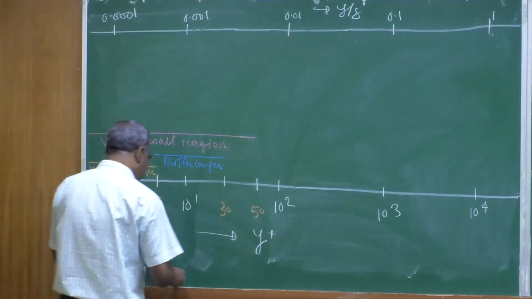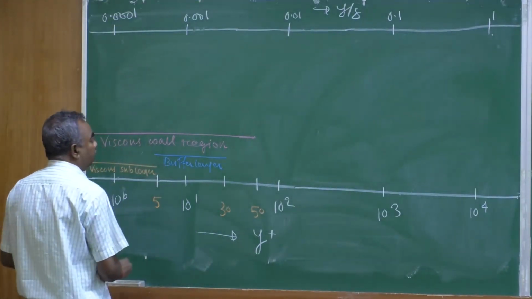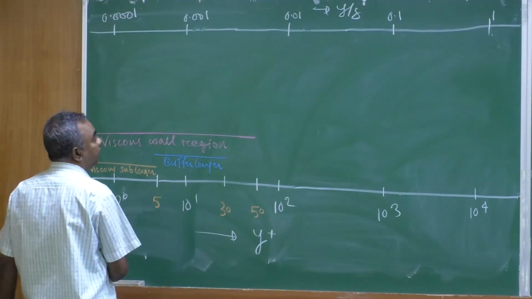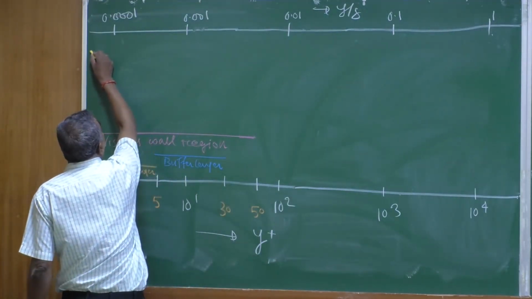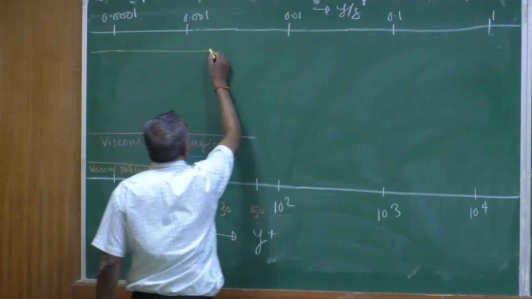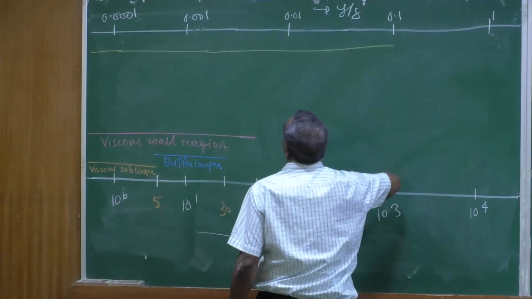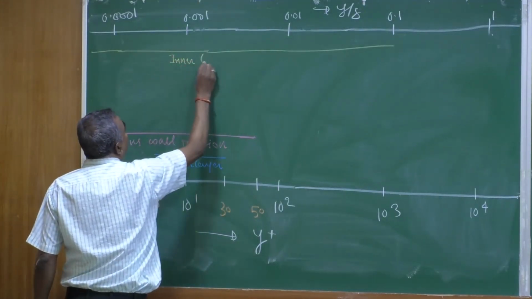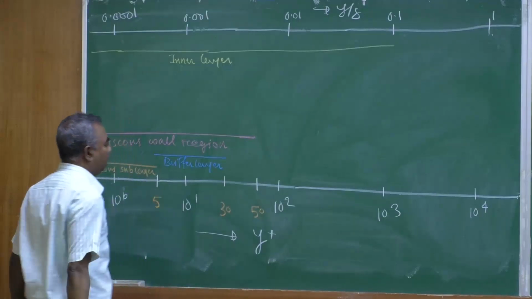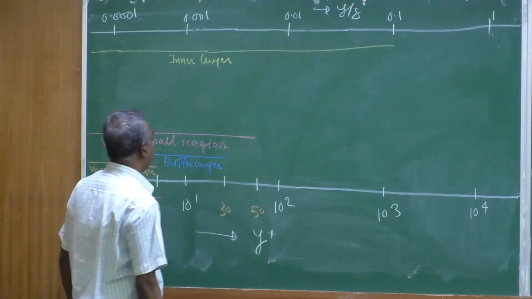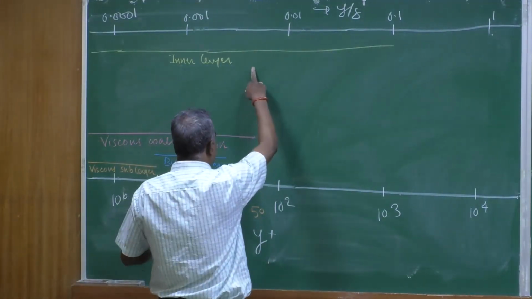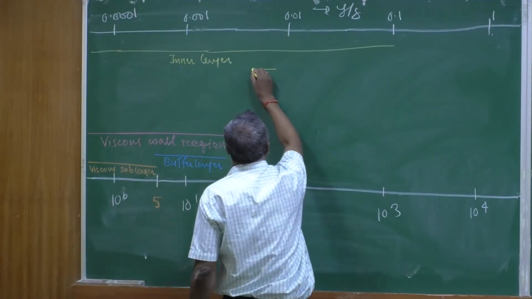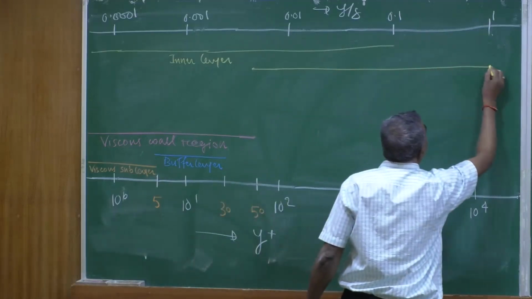So, next, after the viscous wall region, we have the inner layer. What is the inner layer? The inner layer extends till this. So, this is your inner layer. And then you have the outer layer. The outer layer starts from y plus 50 and goes to this side.